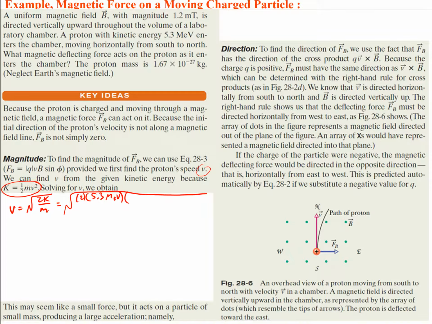So we need a conversion factor between joules and mega eV, or you could convert first to electron volts and then to joules. Our straight up conversion is 1.6 times 10 to the negative 13 joules per 1 mega electron volt. We're going to divide that by the mass, which is 1.67 times 10 to the negative 27 kilograms. Oops, that's a 7.